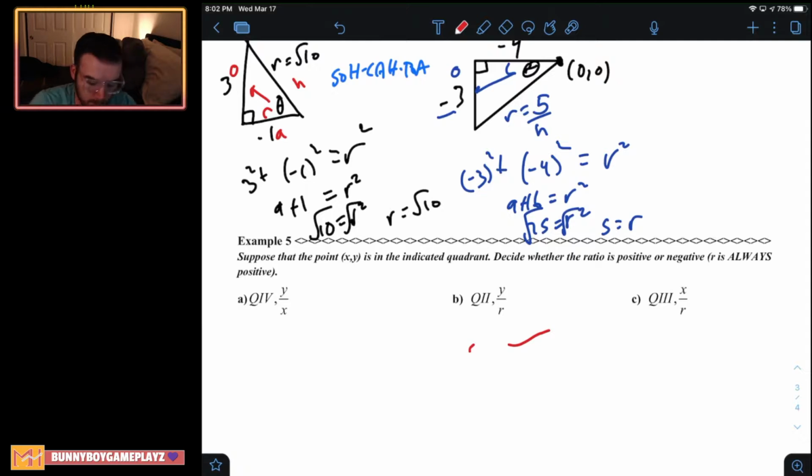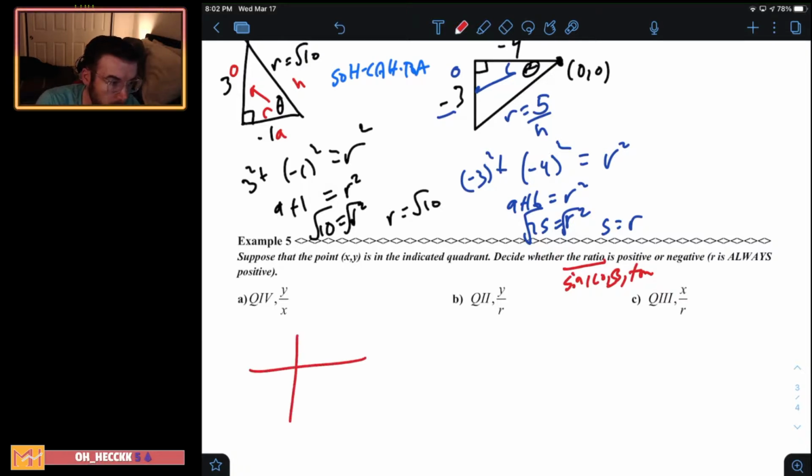Okay, so the ratio, sine, cosine, and tangent, okay? We're deciding whether sine, cosine, and tangent are going to be positive or negative. If we're in quadrant 4, and this is the y value, that means we're to the right and we're going down in order to be in quadrant 4.